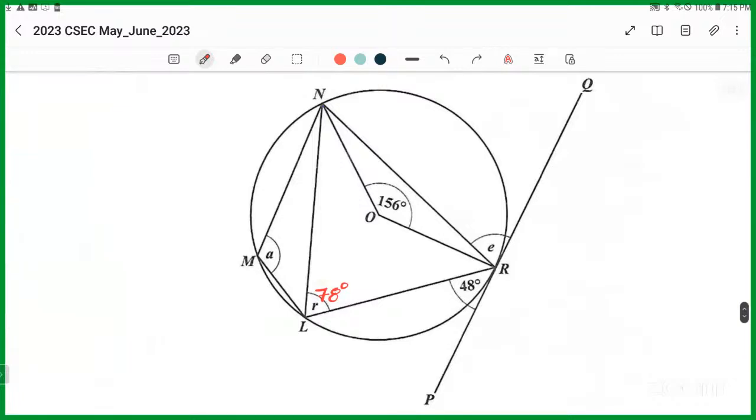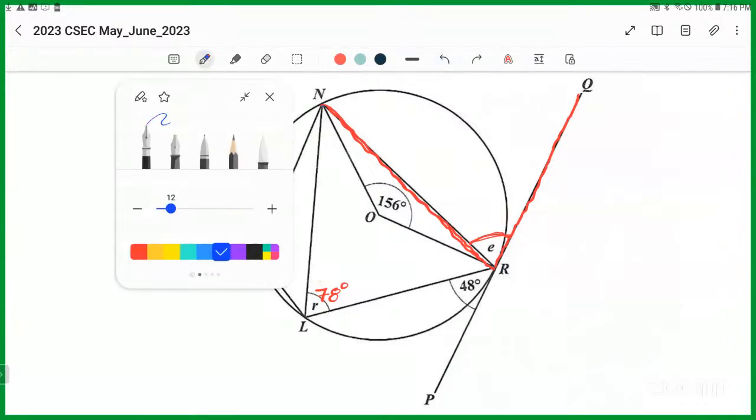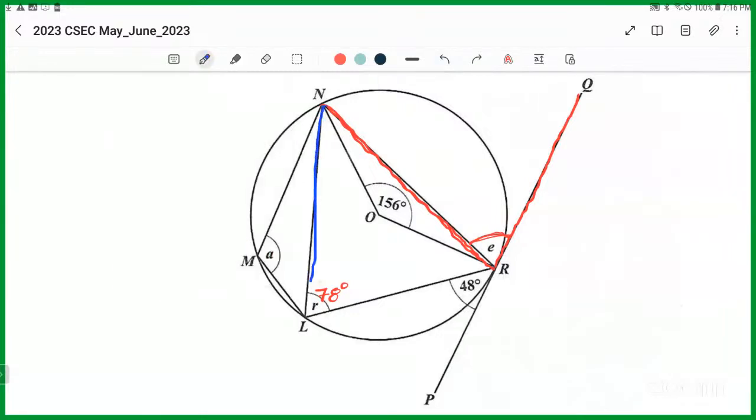This angle E is between this chord and this tangent, right? We call that the tangent and chord rule. Because the angle between the tangent and the chord is E, the chord subtends that same angle at the circumference, this 78 up here. Let me say this is also 78.